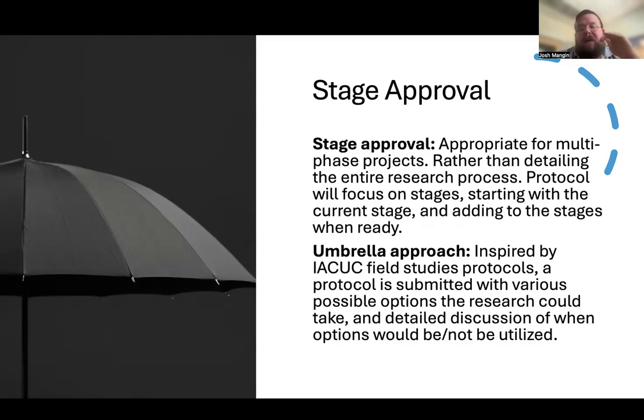What I mean by this is if we know this type of research is going to have multiple phase projects, rather than detailing the entire research process, we could have a protocol that is submitted specifically on a specific stage. And then, either through future amendments or maybe an additional protocol, we can add those other stages when ready. This allows flexibility to be integrated into the approval process.